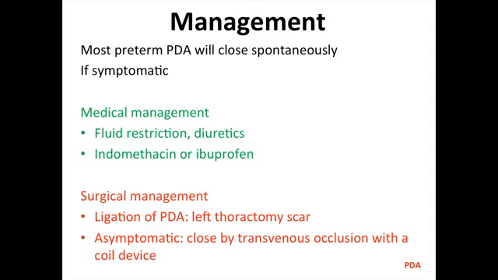Medical management includes fluid restriction, diuretics, indomethacin or ibuprofen. Surgical management includes ligation of the PDA, and the child is left with a left thoracotomy scar. And in asymptomatic cases, there may be closure by transvenous occlusion with a coil device.